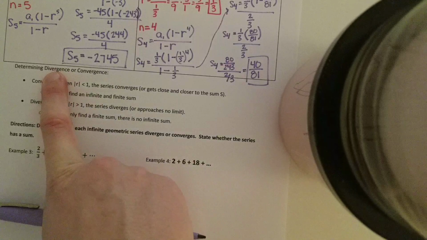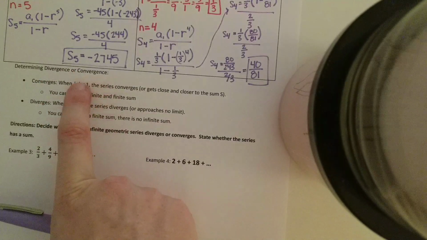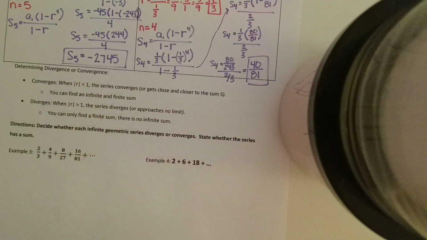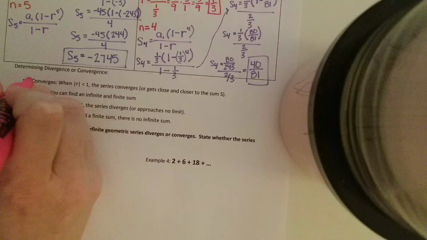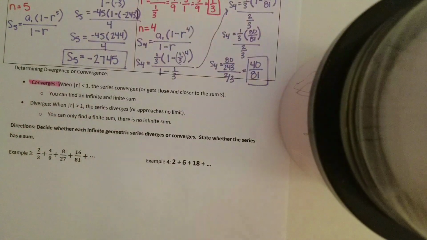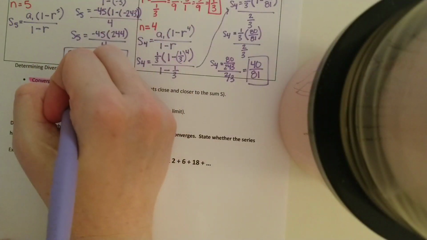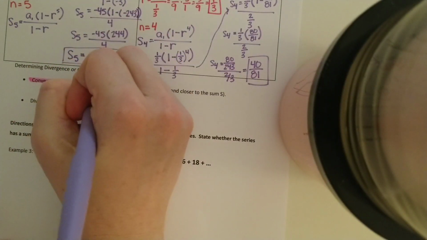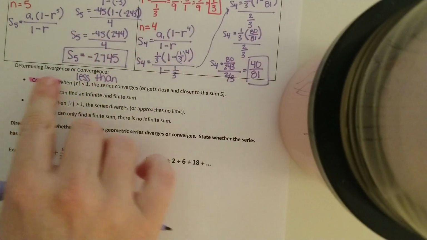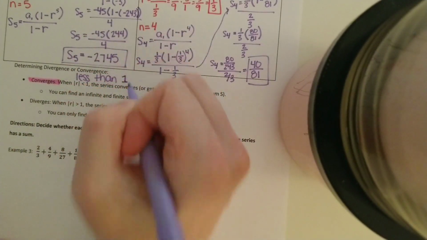All right, there's one more thing that we're going to cover, and that's determining if it diverges or converges. Converges means come together, diverges means go apart. Looking at this, it converges when R is less than 1. All right, so it's converging when it's less than 1.